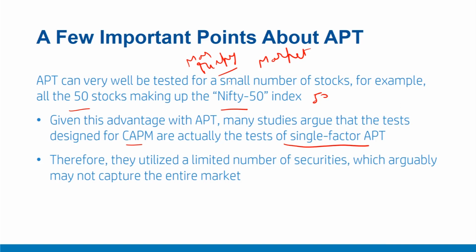So one can say that if we do not have all the securities, whatever form or shape we tested, that was single factor APT, where we had the market factor as part of that single index return generating process that we have discussed. Because these studies utilize a limited number of securities, which arguably may not capture the entire market.